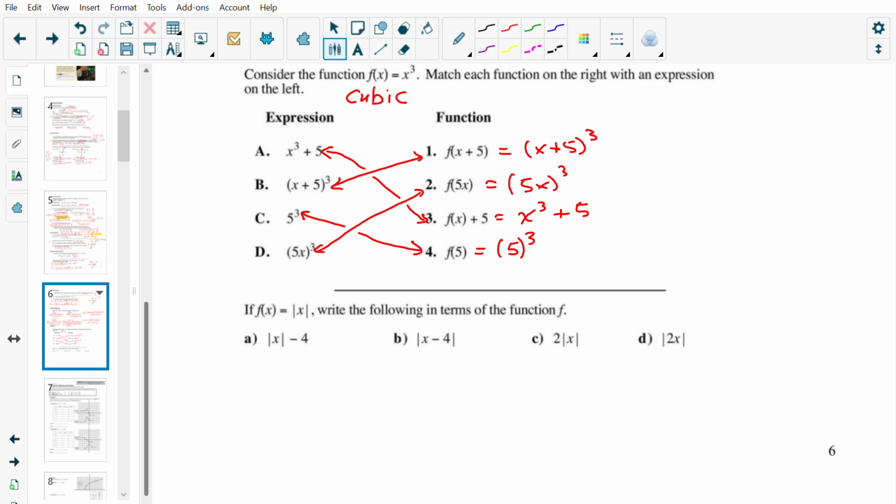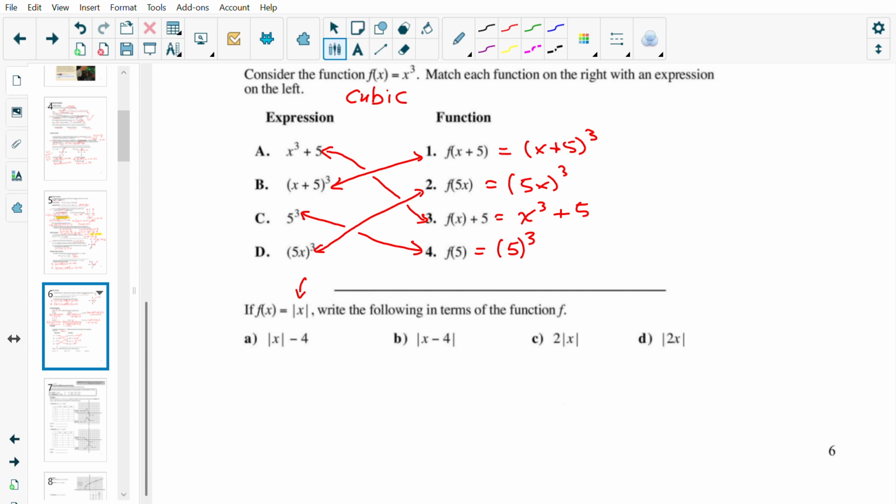Okay, last one. If f of x equals absolute value of x, write the following in terms of the function f. So what this means is wherever I see the absolute value of x, I'm going to rewrite it in terms of the function f.